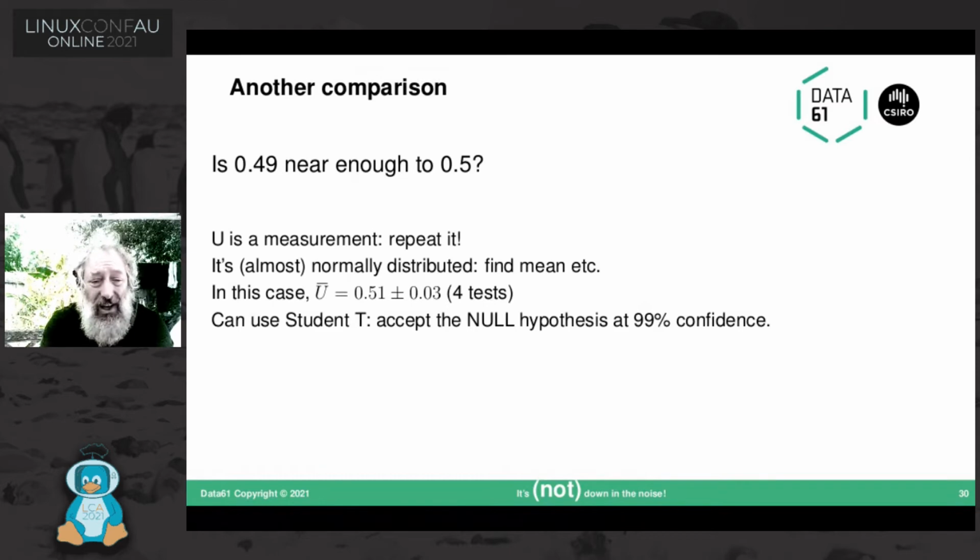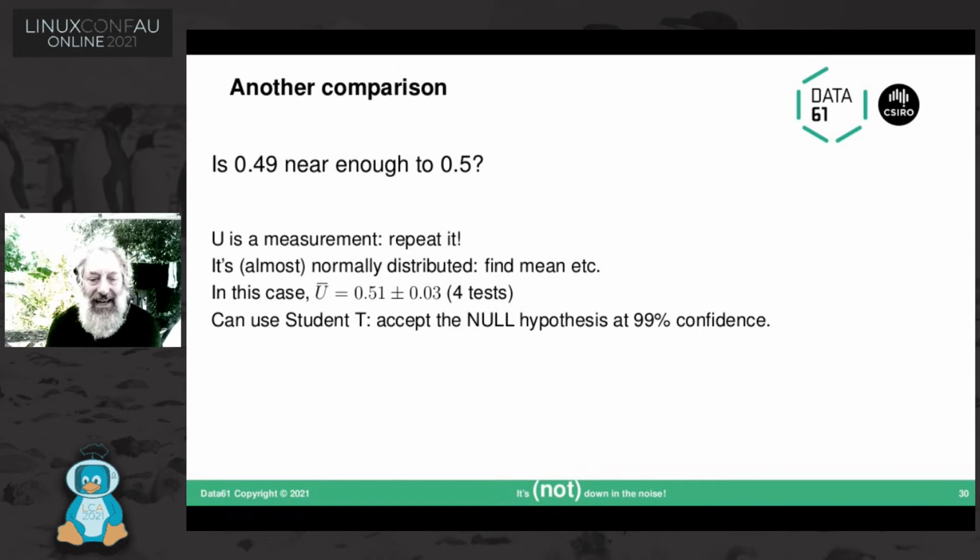Well, U is a measurement. Let's repeat it. So what I did was I took more pairs of tests. I ran the 100 Hertz and the 1000 Hertz versions 4 times each, and then calculated the mean of the U test. It is the case that the U test is supposed to be normally distributed about the mean, which means we can use the Student t-test on this and accept the null hypothesis at a 99% confidence.